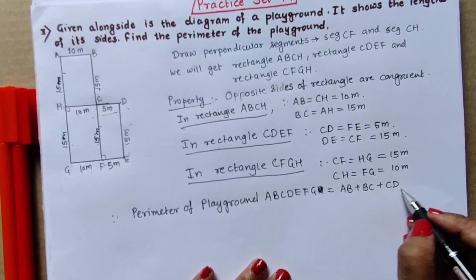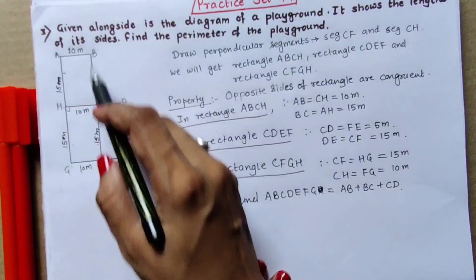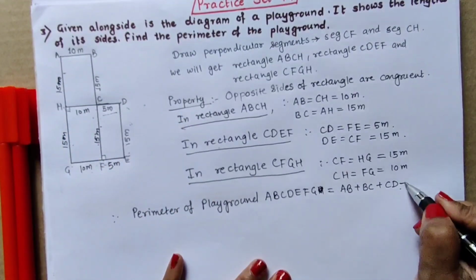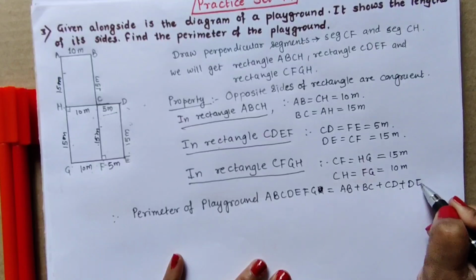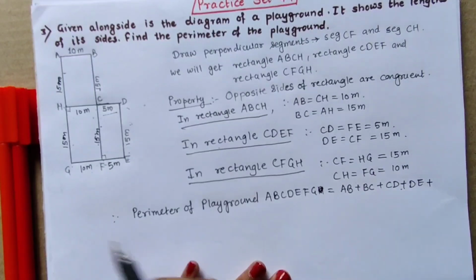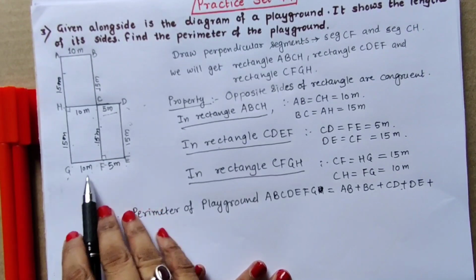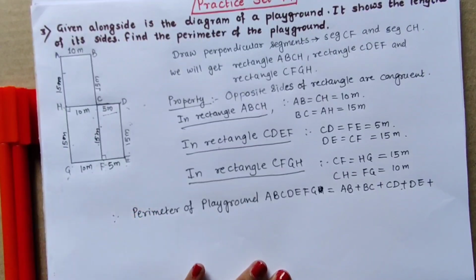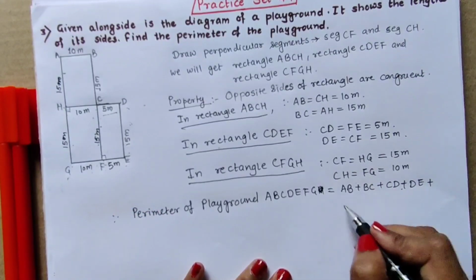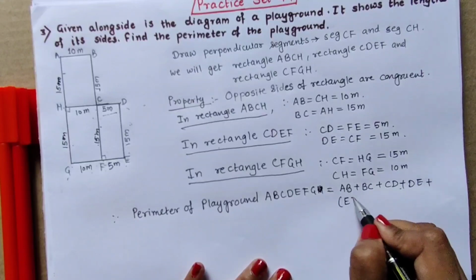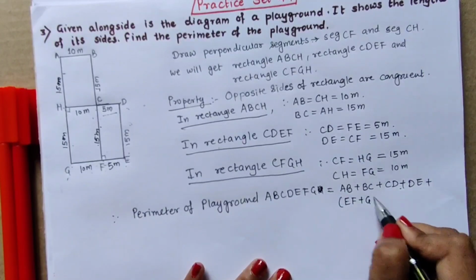So AB, BC, CD plus DE plus, now this GE means FE plus GF. So I am going to write here EF plus GF.